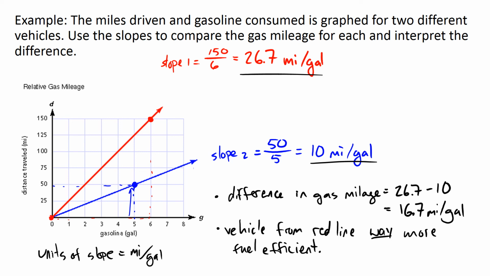So now we've compared the two slopes, and we did that by calculating the difference between their values, 16.7 miles per gallon, and we've interpreted that difference, that one vehicle is way more fuel efficient than the other.